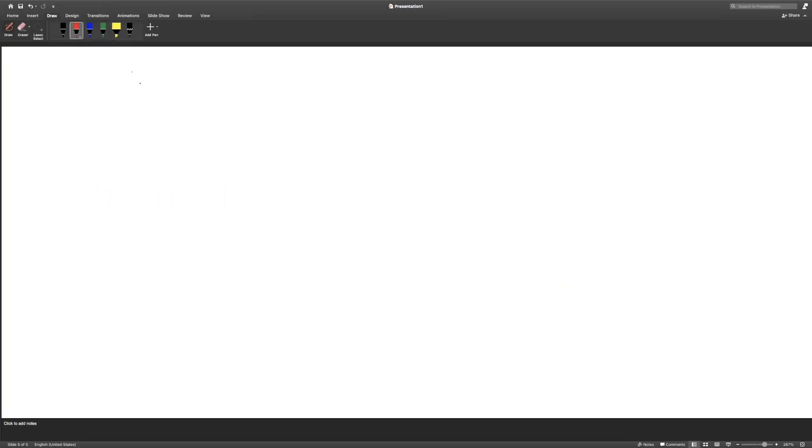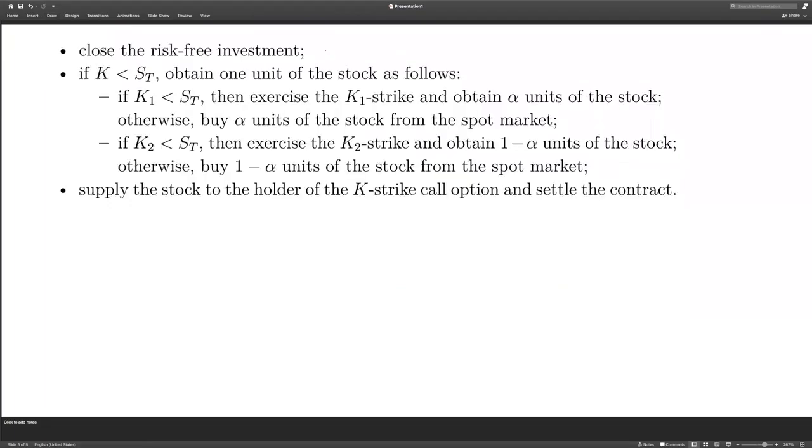At time t equal to capital T, we have to make the following trades in order to close down the portfolio pi naught. As usual, you will be accumulating the invested amount into e power RT from your risk-free investment.